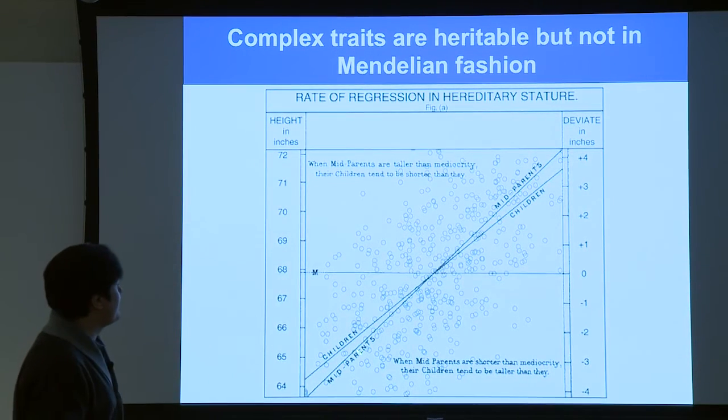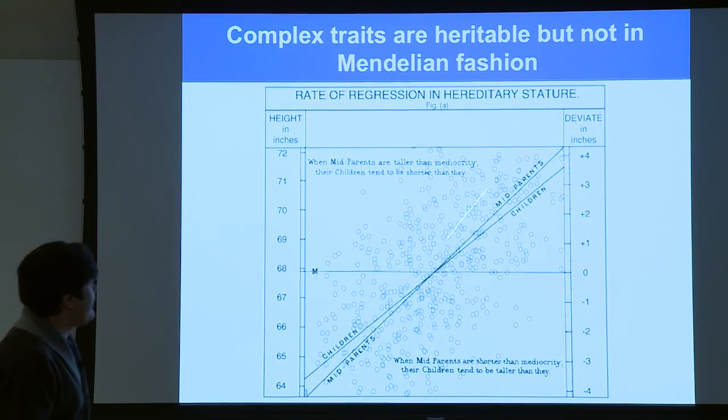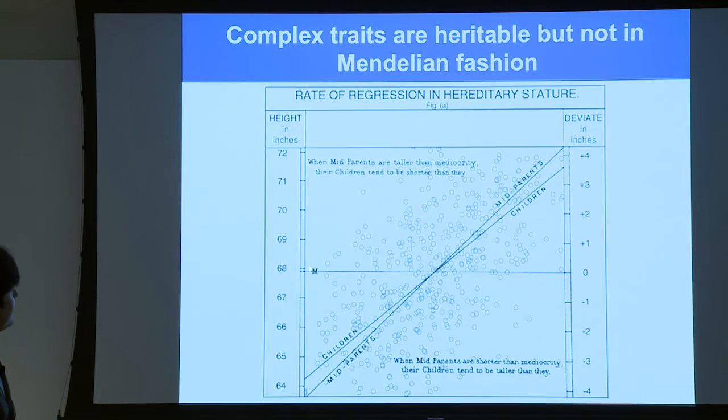Probably most of you have heard about the Galton plot. What's happening here is that we can select mid-parent height and plot the height of a child and observe that the distribution is approximately bivariate normal: children of taller parents are on average tall, and children of shorter parents are on average short, so there is a dependency.